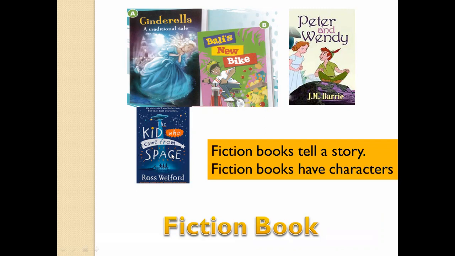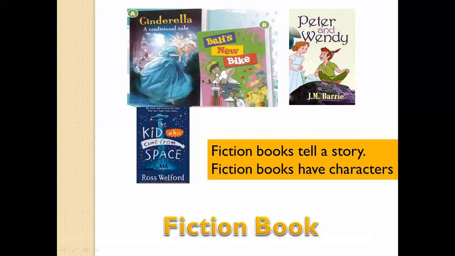And when we read these fiction books, they tell us a story about someone. They tell us the story about the characters. When we read Cinderella, we read the story of Cinderella. When we read Bali's New Bike, we read about Bali's bike.